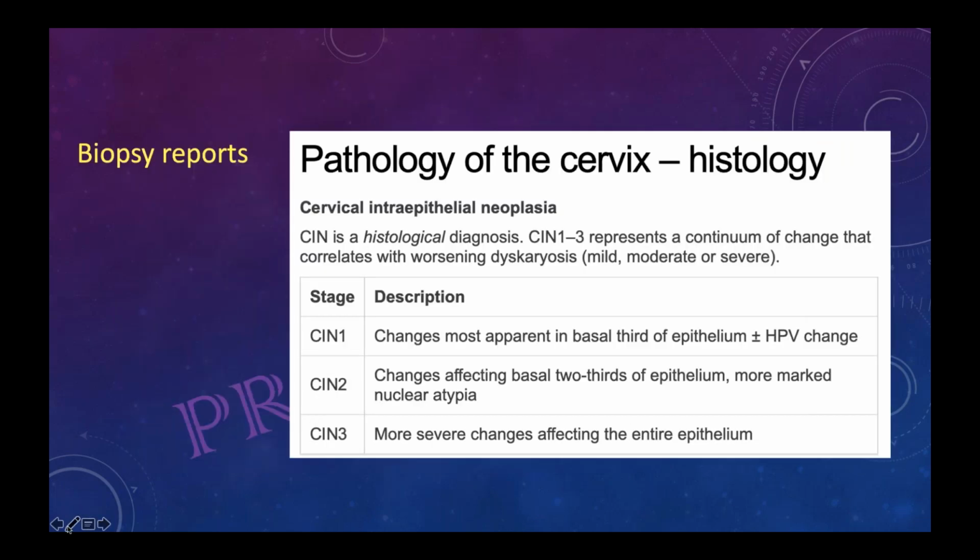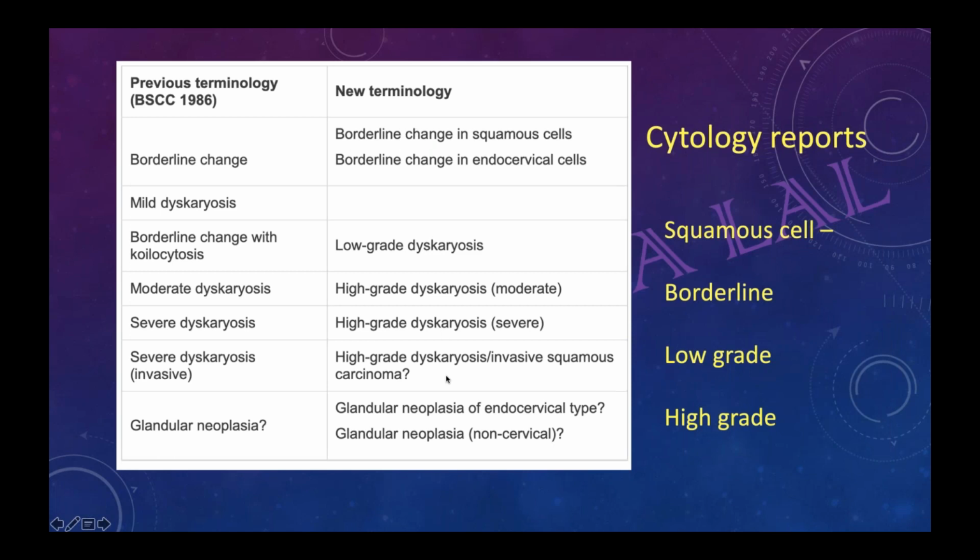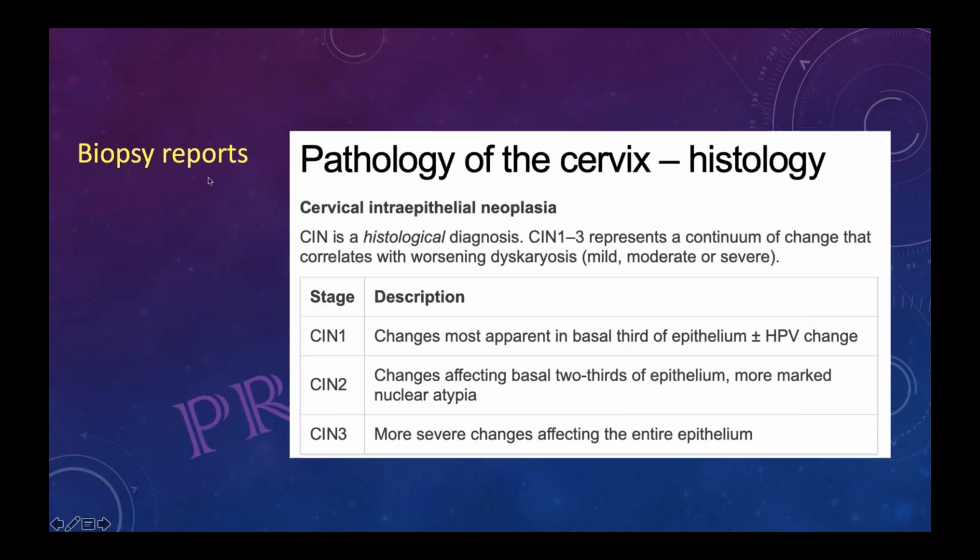Now, this type of report will come when we are sending the sample for smear testing. But after the smear report, if you have sent the patient for colposcopy and a biopsy has been taken, then there will be a histological diagnosis.